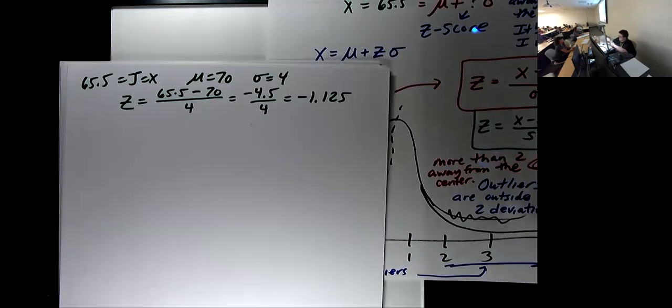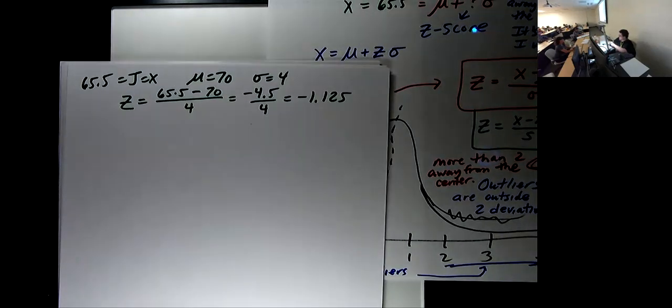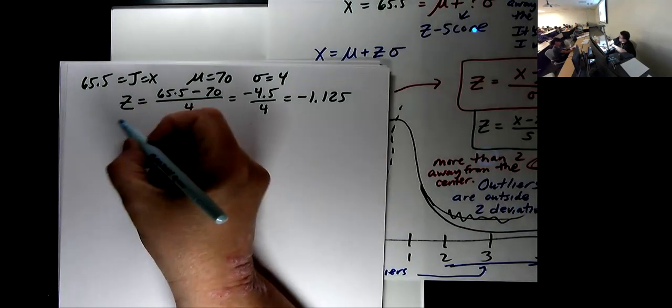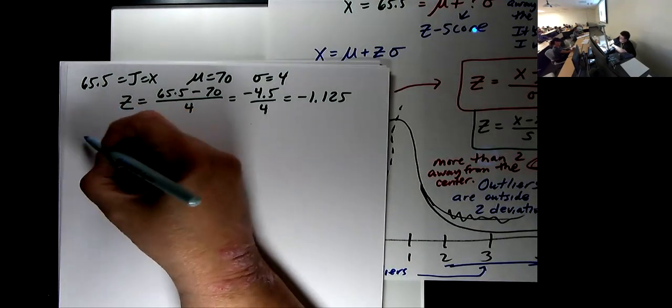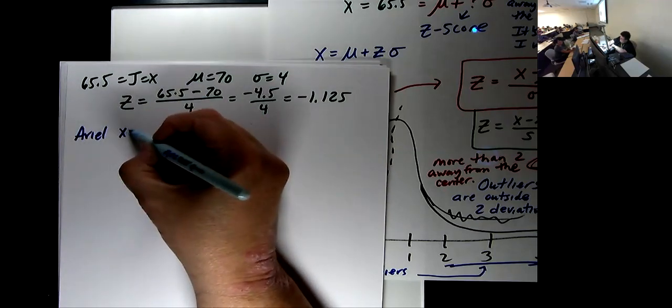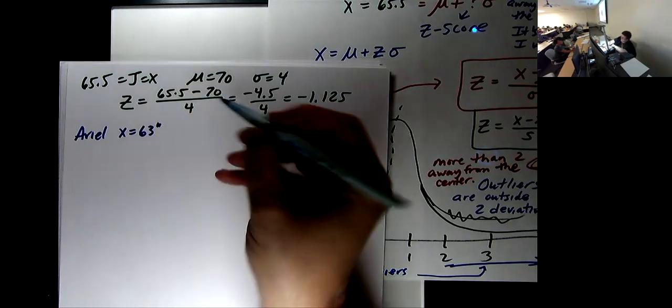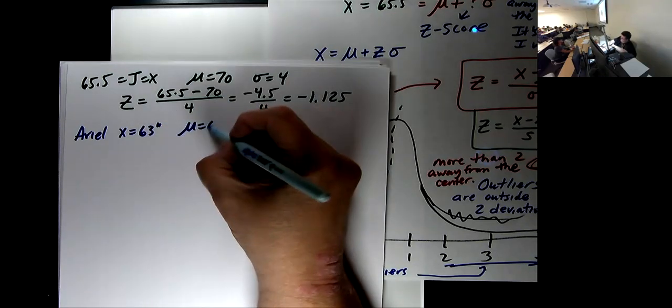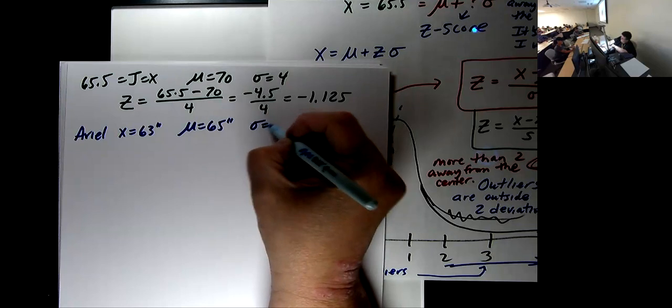All right, let's find where Ariel is. Remember, I'm taller than her. She's only 63 inches. I've got a good 2.5 inches on her. Ariel's X was 63 inches. Her mean was 65 with a standard deviation of 3.5.